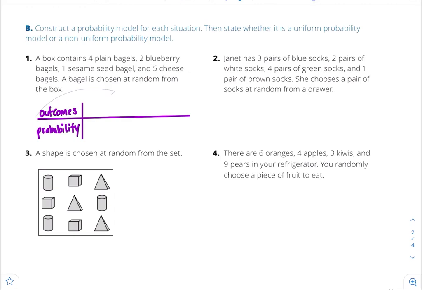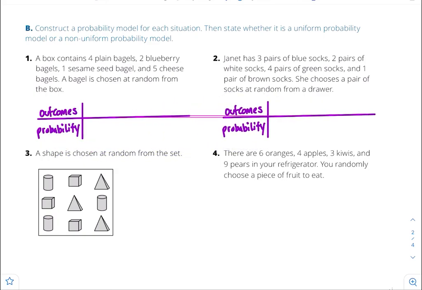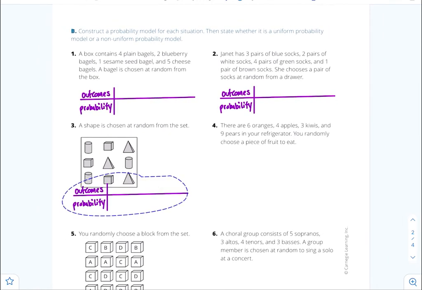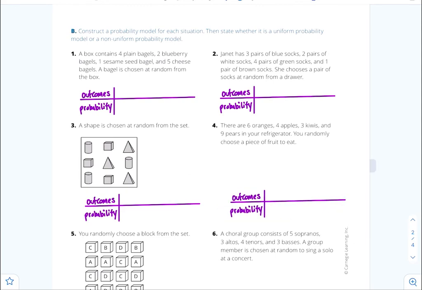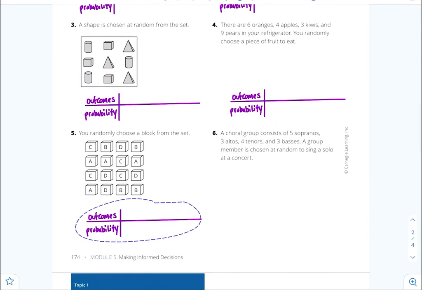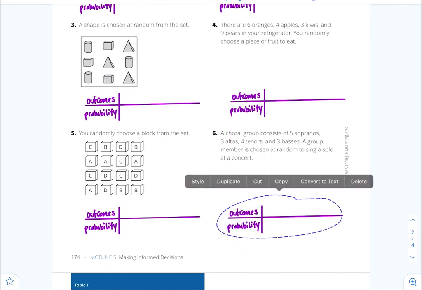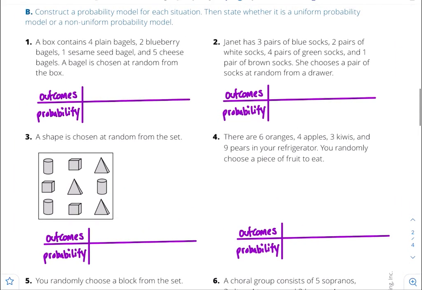Okay, so I'm going to draw this for each one. Okay, so here's our probability models, and we're going to draw the outcome up top and the probability on the bottom.